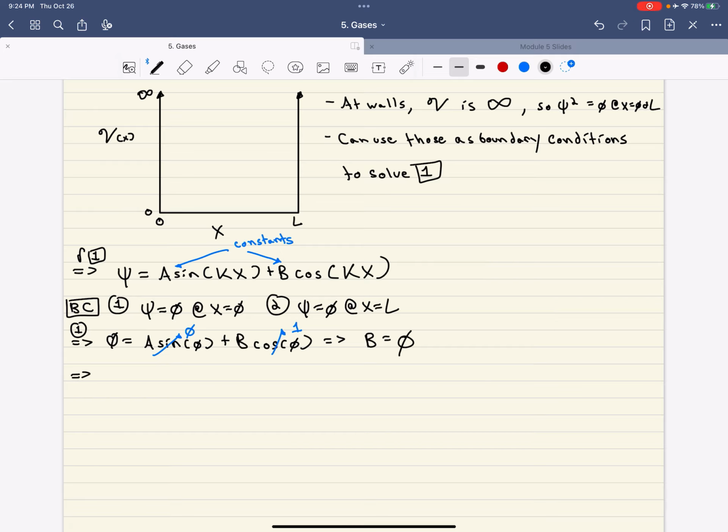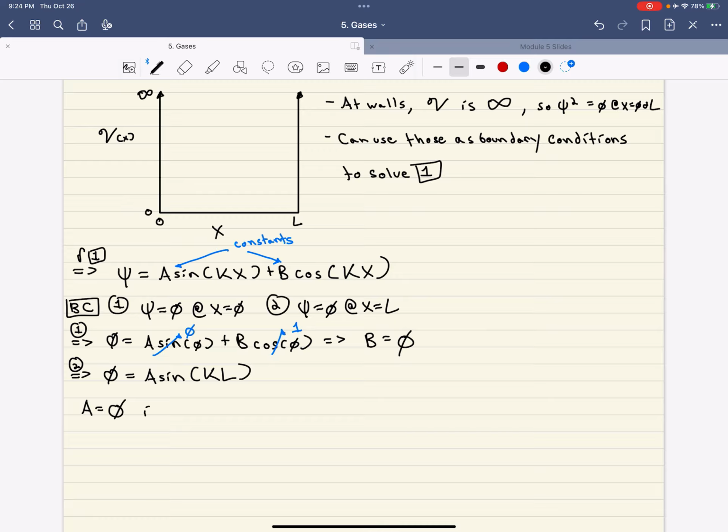When we apply boundary condition 2, what we get is that the left-hand side is 0, and the right-hand side is going to be a sine of kL. Now, there's two possibilities here for satisfying this sort of statement. The first possibility is that our a constant is equal to 0. But if this is the case, then our function is going to be 0 at all x's, right?